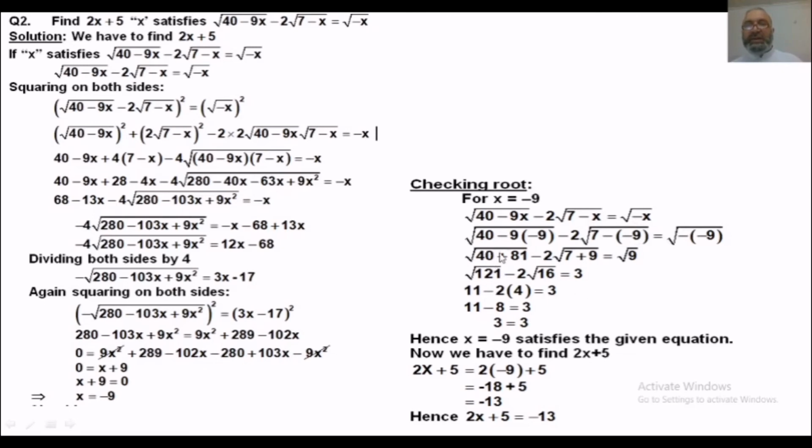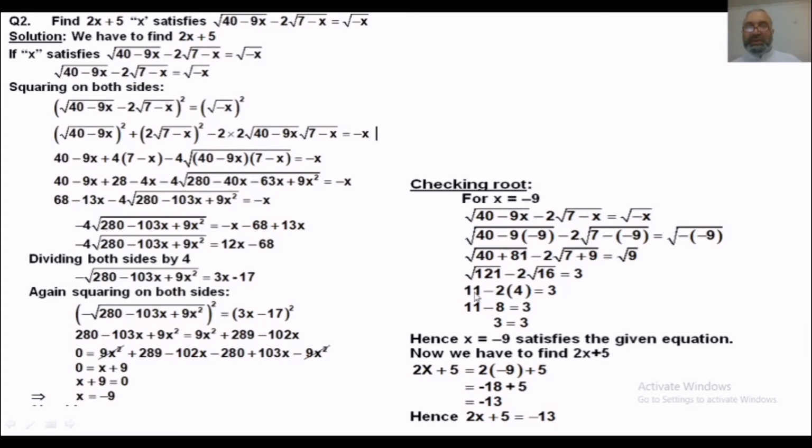Simplifying, 40 plus 81 minus 2 and 2. 7 minus minus becomes positive, 7 plus 9 is equal to, here minus minus multiplication becomes positive 9. So 40 plus 81 becomes 121 square root minus 2 and 2. 7 plus 9, 16 square root is equal to 3.